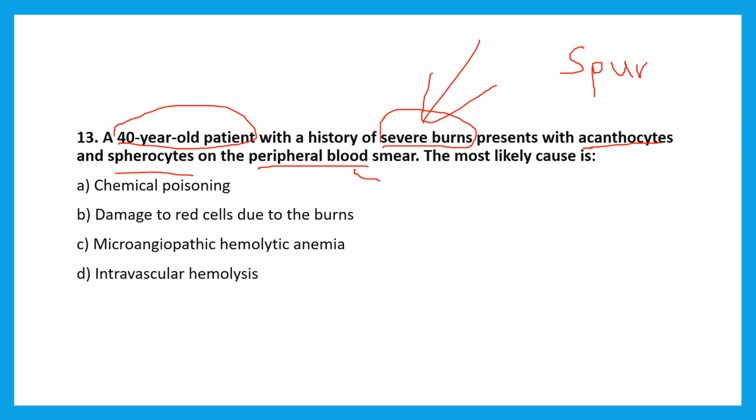So these severe burns cause damage to RBCs, and that's why they manifest on a smear as acanthocytes, and not only acanthocytes but also as spherocytes. Now this is actually a form of acquired hemolytic anemia, acquired because of severe burns. So I've already explained this. The answer is the damage to red cells due to the burns. That's the most likely cause, right?